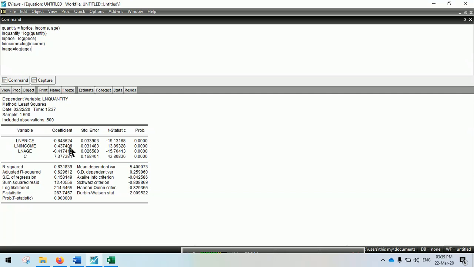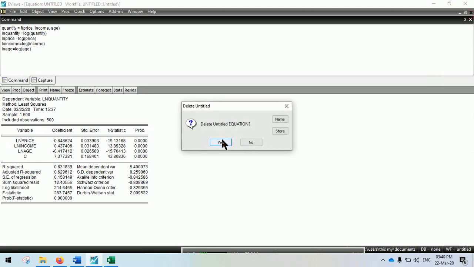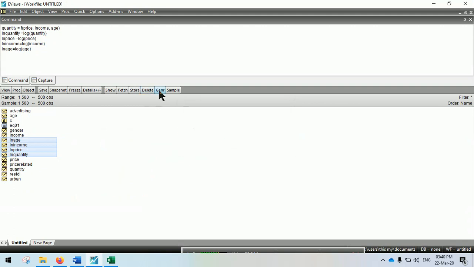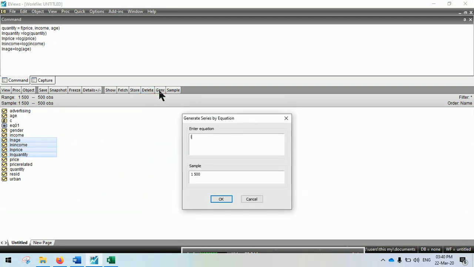But if you want to calculate the elasticity for advertisement, then we have to include it in the model here also. For example, let's include it in the model. Let's close this. Okay, and let's generate ln advertising equal log advertising.